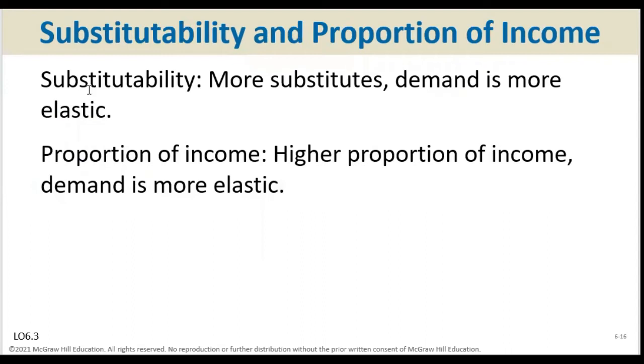With more substitutes available and a larger proportion of the price in your income, consumers have more alternatives, more choice, so they have more options to decide from. When there's a change in the price, there's a greater percent change in the quantity demanded because consumers have flexibility and more choice on the competitive market.